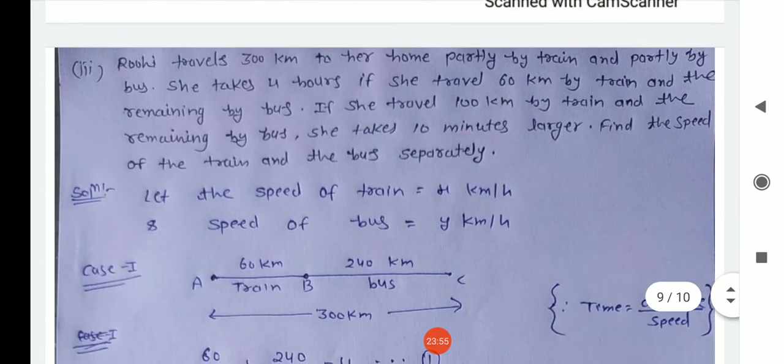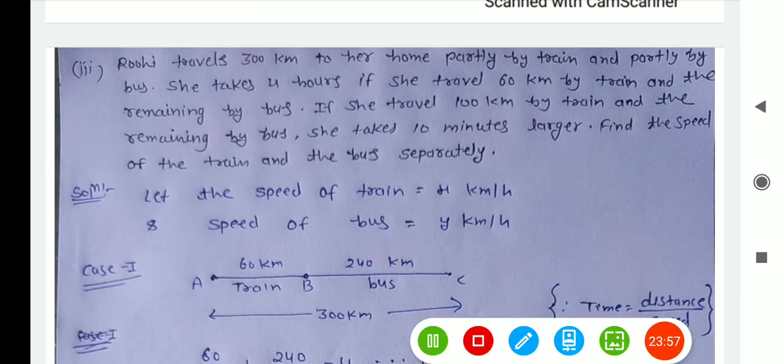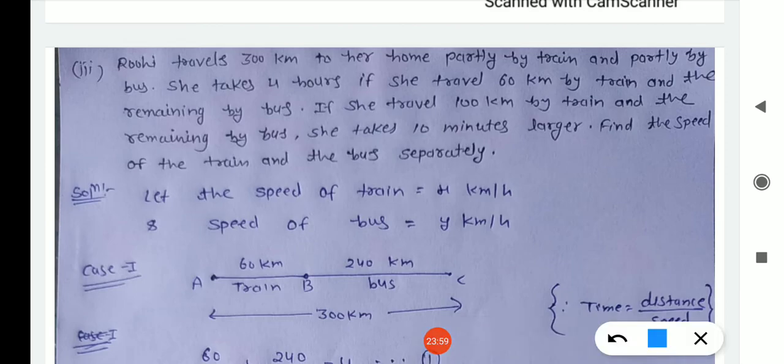Now this is the last question of your exercise 3.6. Rohit travels 300 km to her home partly by train and partly by bus. She travels 300 kilometer distance; some part she travels by train and some part she travels by bus. She takes 4 hours if she travels 60 kilometer by train and the remaining by bus.